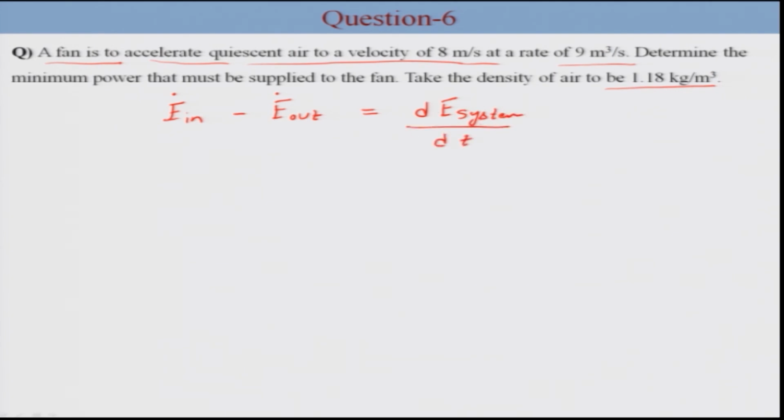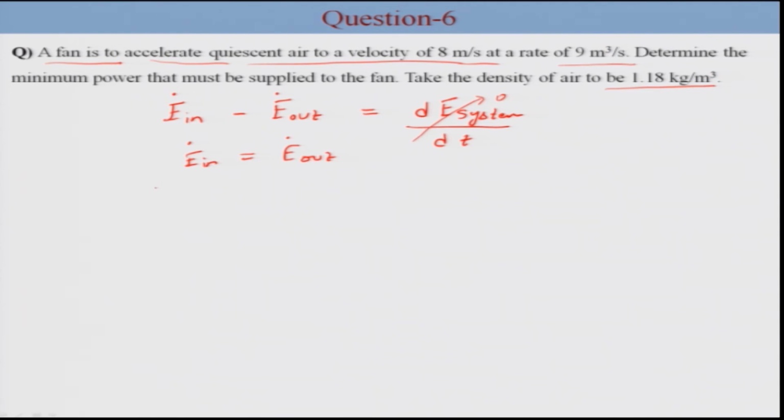Now, this rate of change in energy of the system is 0 because this is a steady flow process. So, here E in is equal to E out. So, energy is given as input to the shaft of the fan and it is coming out in terms of the velocity of the air or increase in mechanical energy of the air.